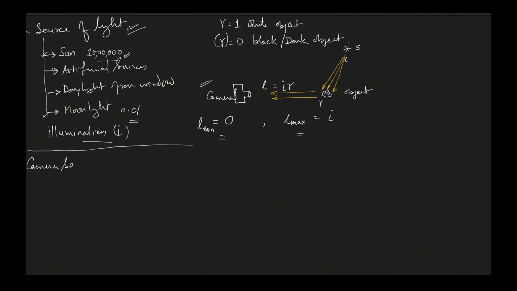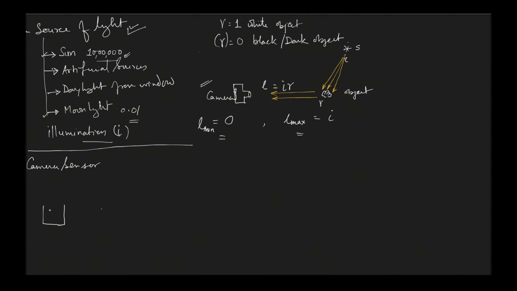Camera sensors. We will have to take a look into camera sensors. Now the modern day camera sensors are nothing but photodiodes, and these photodiodes are arranged in a two-dimensional array, as we have discussed in the last class. I can mimic these two-dimensional arrays, camera sensors, in the form of buckets.